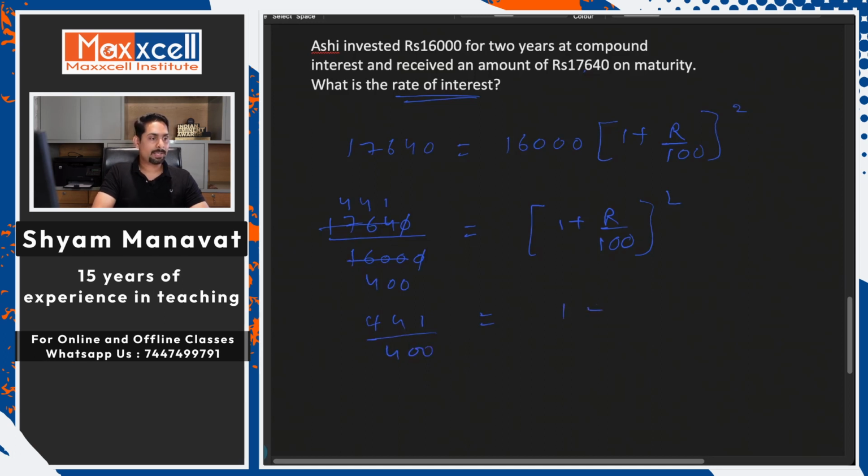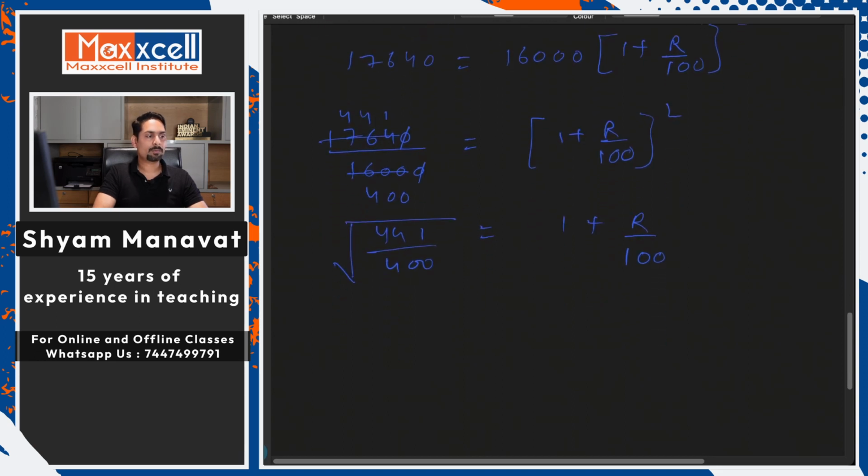Now, if I want to find out the value of r, I need to first of all get rid of this square. So if I remove the square, I need to put the square root at the other side. If you put the square root, what is the square root of 441? Absolutely right, that's 21.